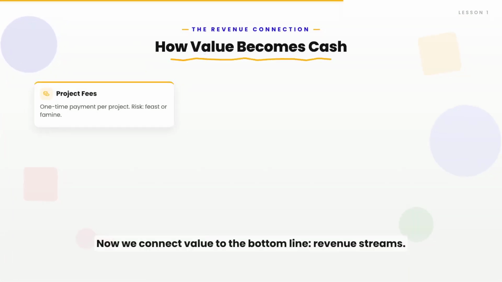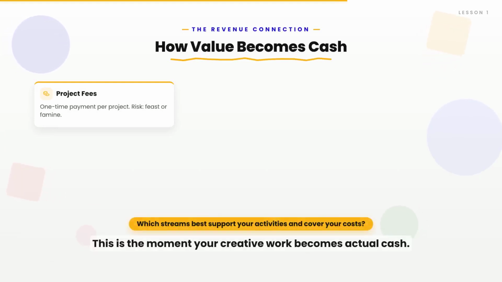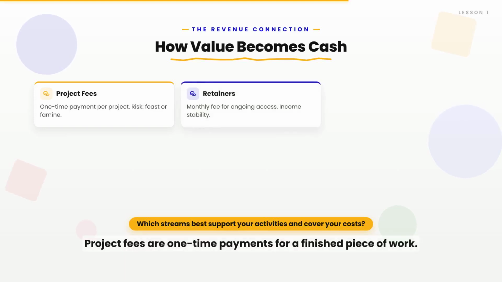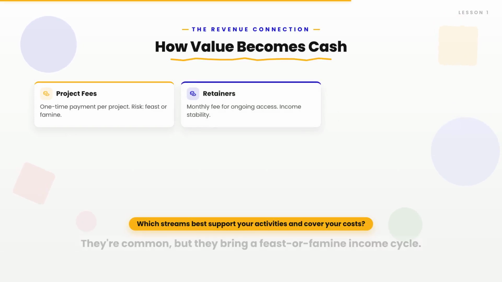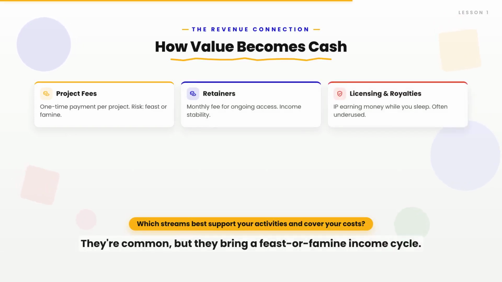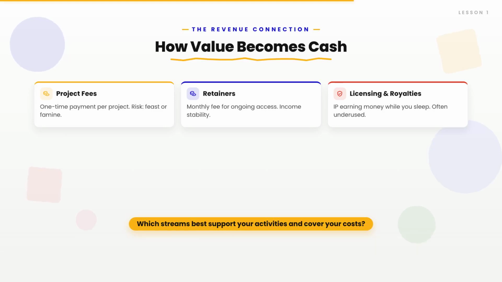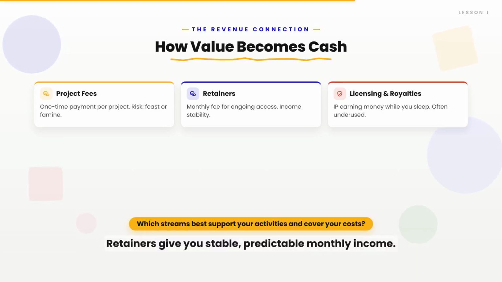Now we connect value to the bottom line, revenue streams. This is the moment your creative work becomes actual cash. Project fees are one-time payments for a finished piece of work. They're common, but they bring a feast-or-famine income cycle. Retainers give you stable, predictable monthly income.